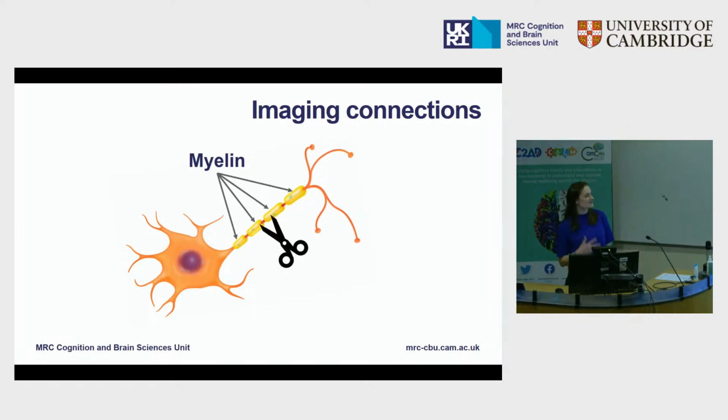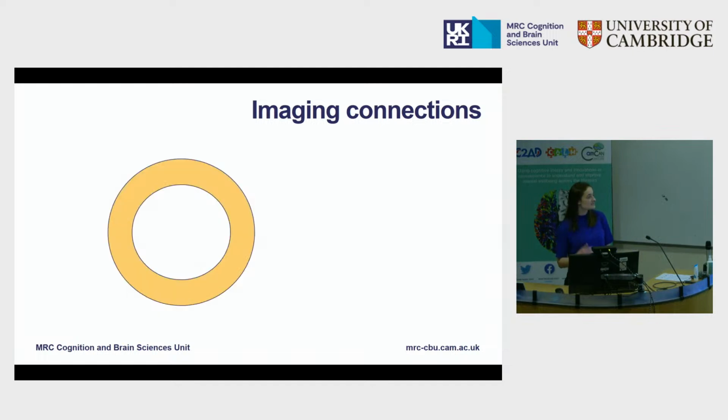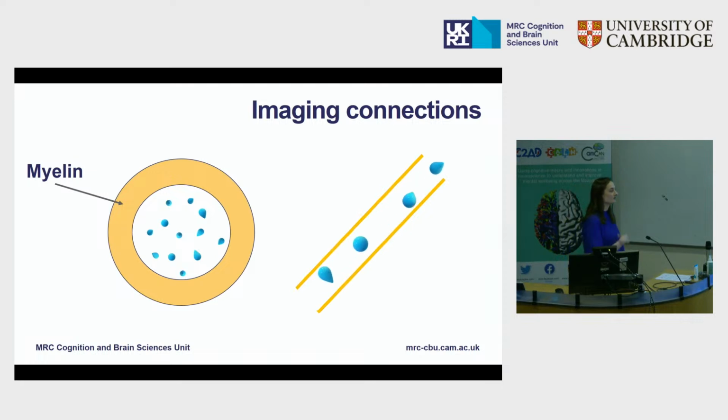If we cut this neuron in half, we would see that the myelin surrounds the connection, essentially making it into a tube. And so if water is present inside those connections, myelin acts as that barrier, which means in your brain, water molecules are going to move along the direction of the connections.